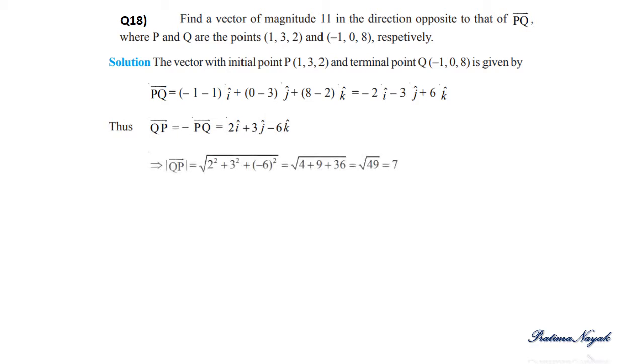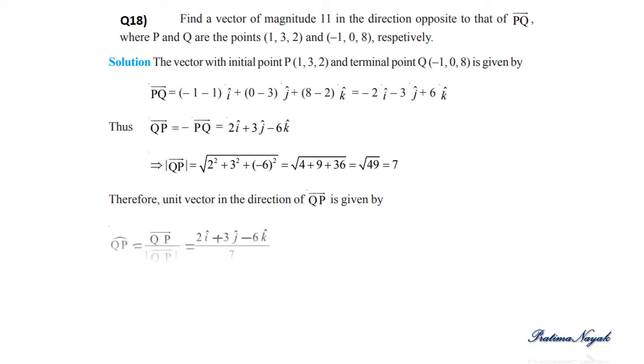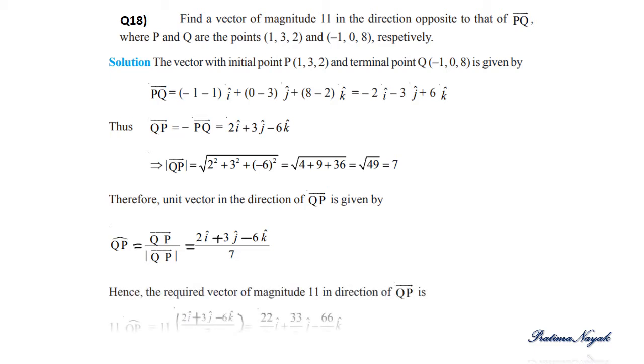It will be minus 2i cap, minus 3j cap plus 6k cap. So now we have to get the opposite of it. So QP will be just the negative of this. Now get the magnitude of QP. It will be square root of 2 square plus 3 square plus 6 square. It will be 7. So therefore the unit vector along this QP is equal to QP vector by |QP|. It will be 2i plus 3j minus 6k upon 7.